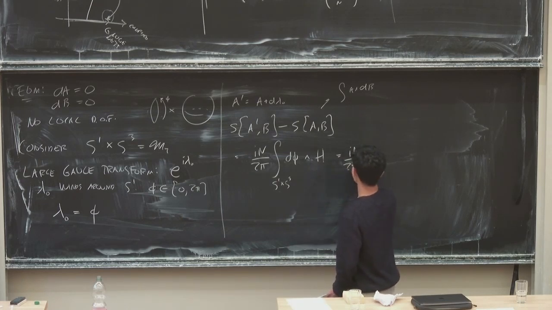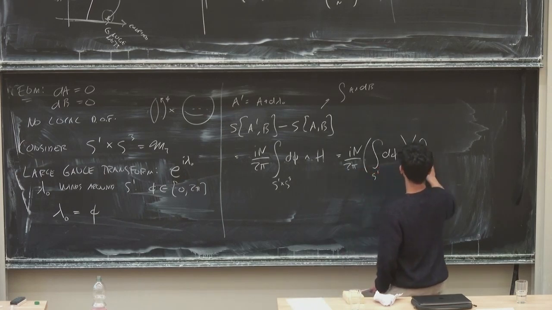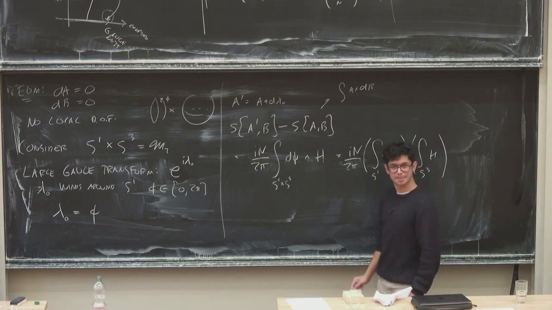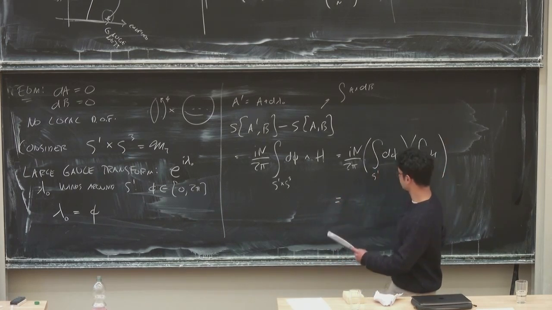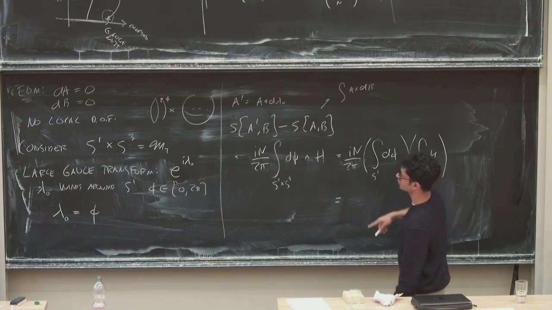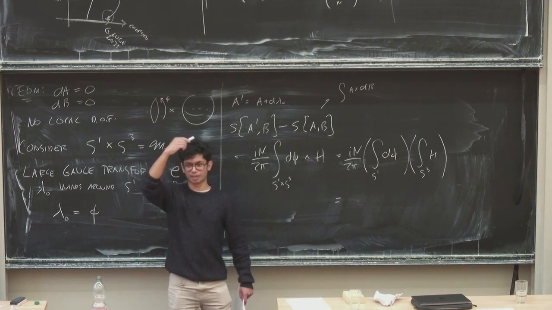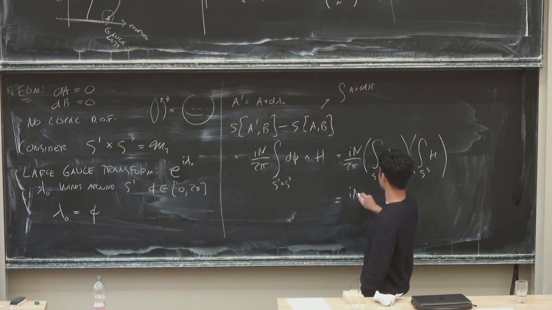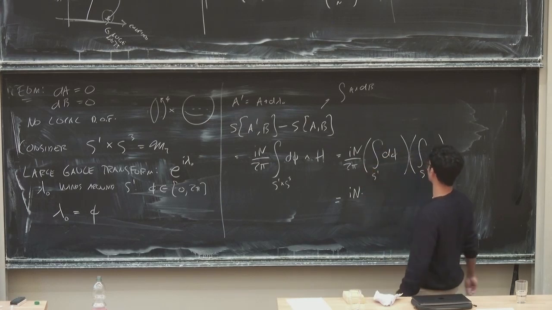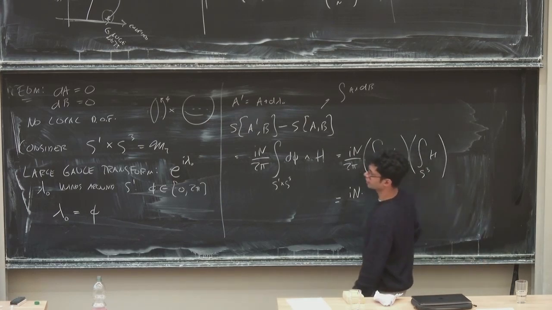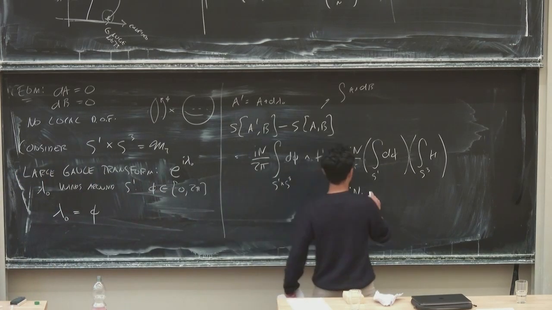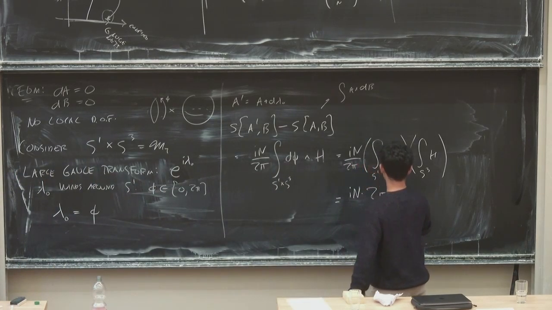What you find is that this becomes integral d phi on the S1 times integral on the S3 of h, okay? Which means this integral of d phi on the S1, phi is literally the S1 coordinate, so this just becomes 2 pi. So I get I times n times 2 pi over 2 pi, that goes away. And now my integral of h on the S3 is quantized to be 2 pi times an integer. So I get I n times 2 pi times an integer generically.